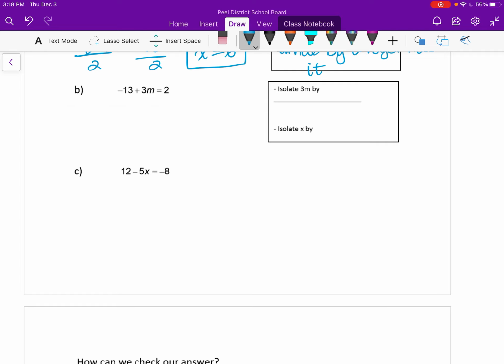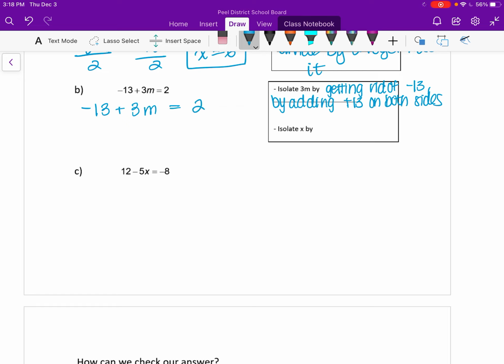All right, so you're going to isolate 3m by getting rid of the negative 13, by adding positive 13 on both sides to give negative 13 plus 3m is equal to 2.